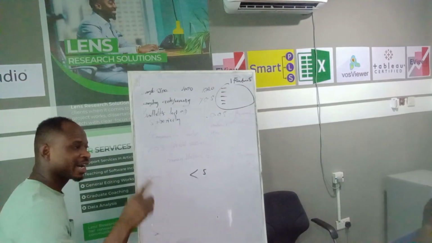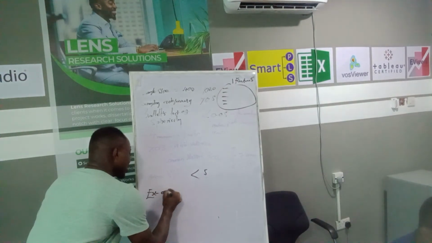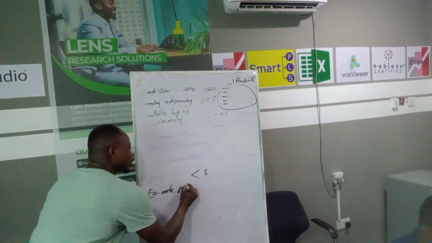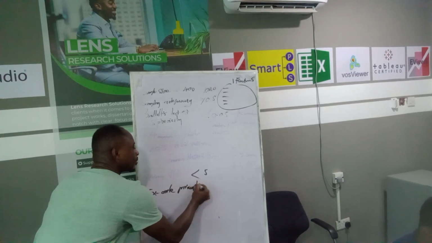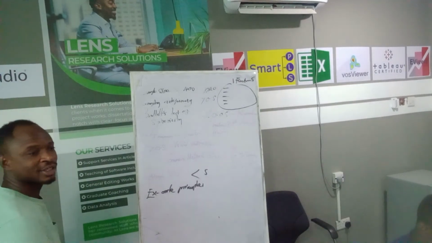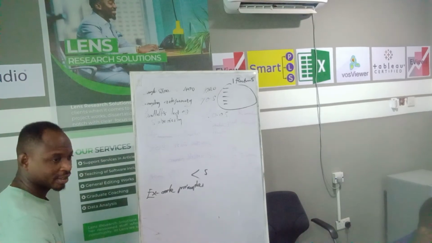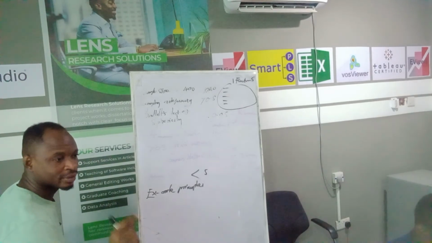And so they ask you, what are some of the ex-ante principles you followed in order to avoid the threat of common method bias in your scale? I explained the content to them. What else can you do?